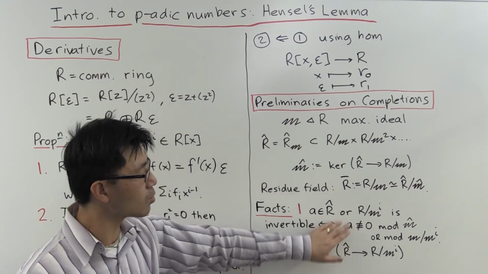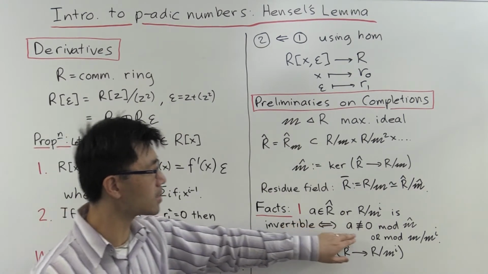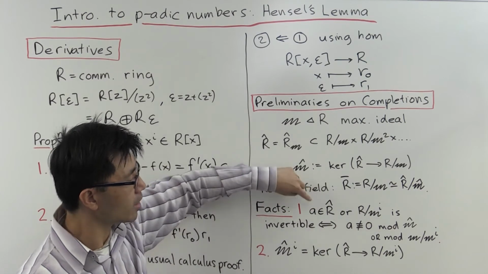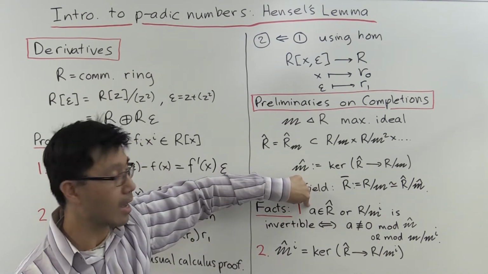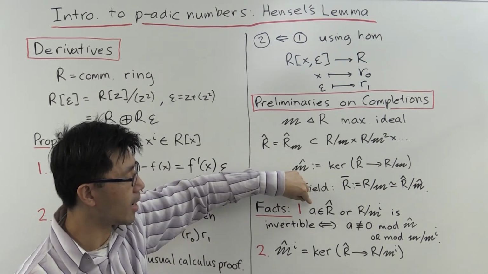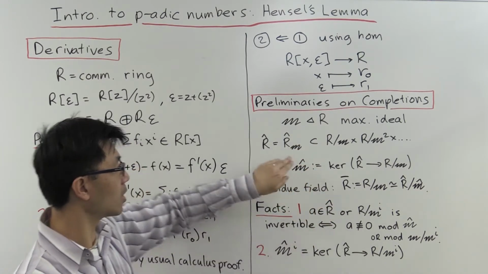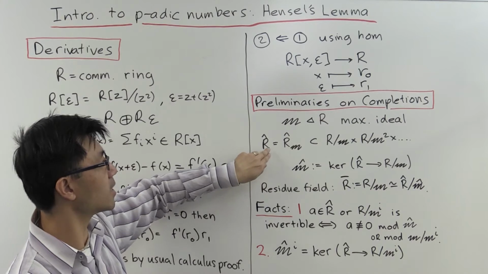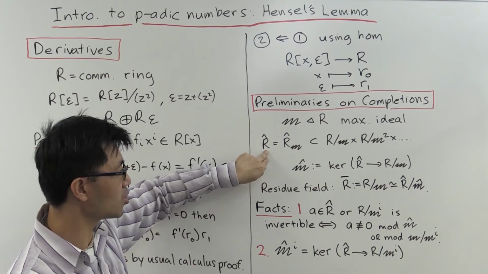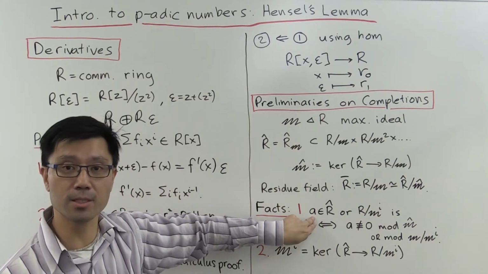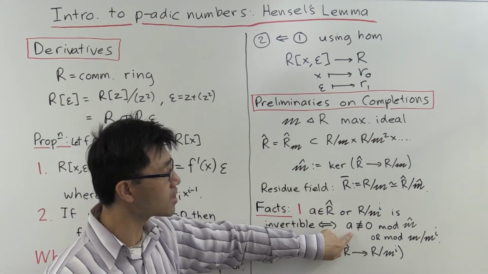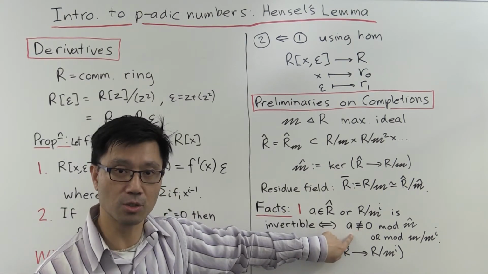And the reason for this is quite easy to see. So the basic idea is as follows. You can think of this element A as some sort of a power series. So that's roughly the type of objects that you find inside this completion. So what does this condition here kind of correspond to?